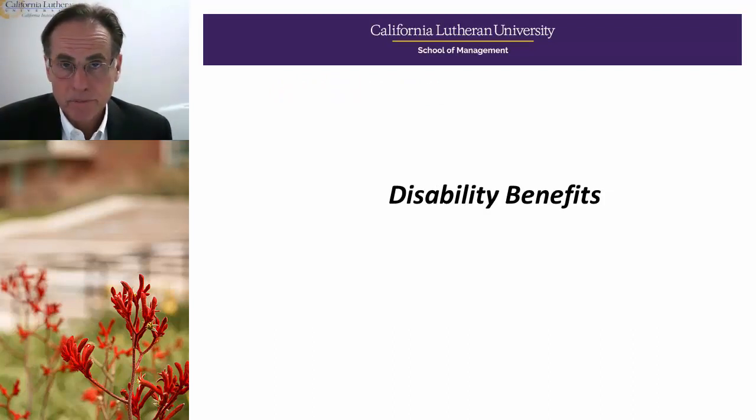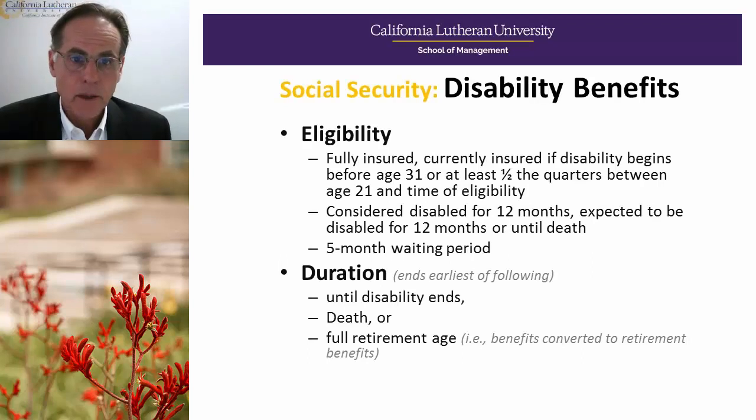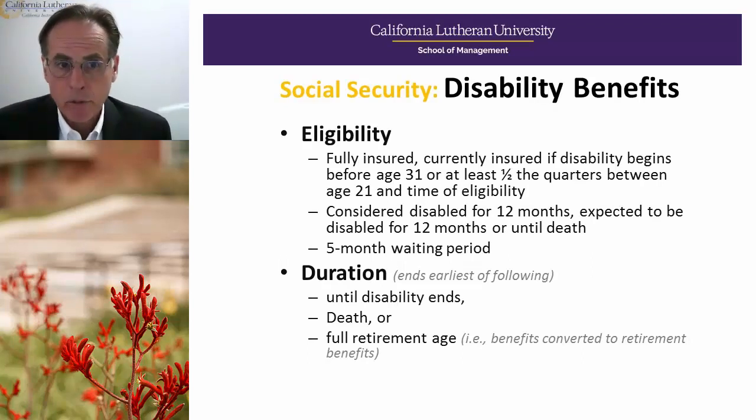Disability benefits. Eligibility. Fully insured, currently insured if disabled, begins before age 31, or at least half the quarters between age 21 and time of eligibility. In order to be eligible, besides that, must be considered to be disabled for 12 months, expected to be disabled for 12 months, or until death.